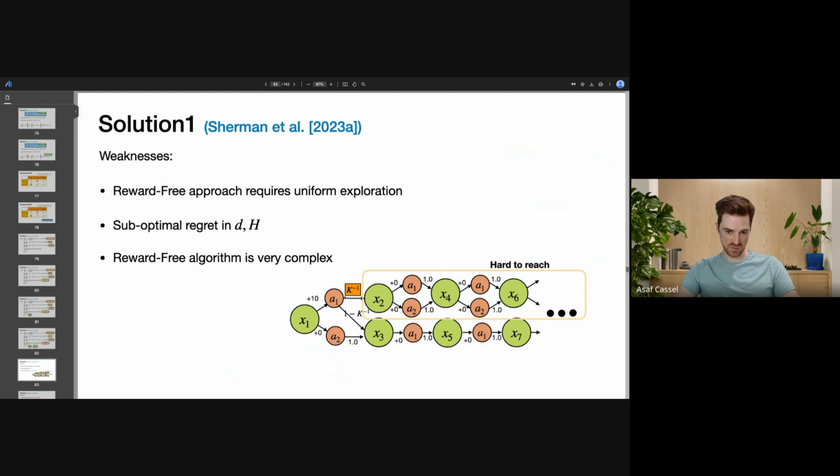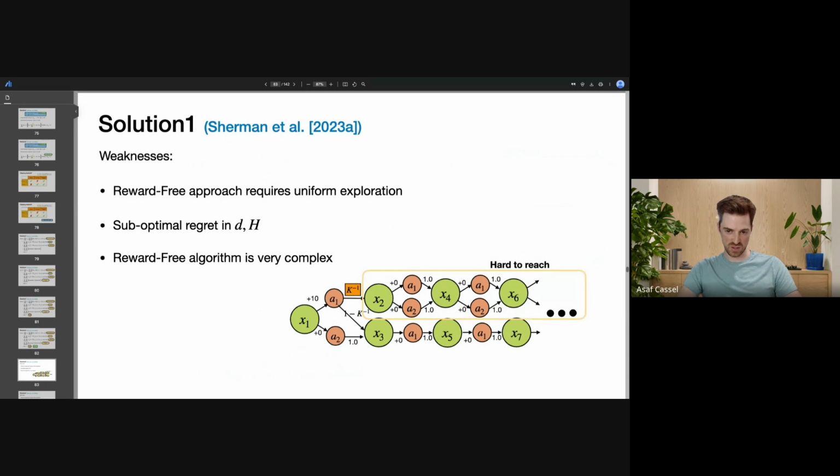So overall, Sherman et al.'s method achieved the desired square root of k regret. However, they need this kind of reward-free exploration mechanism in the beginning, which requires them to have uniform exploration over all the policies.